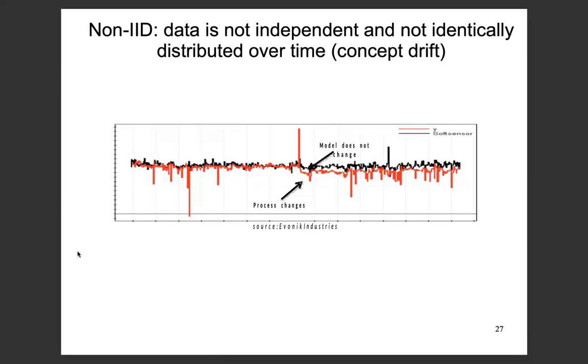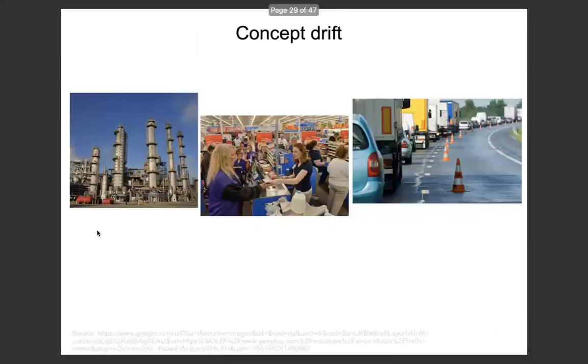So concept drift requires adaptive machine learning modeling, and that's also by now quite an established field or branch of machine learning. And testing such models has its own specifics.